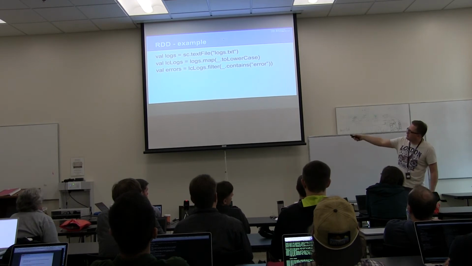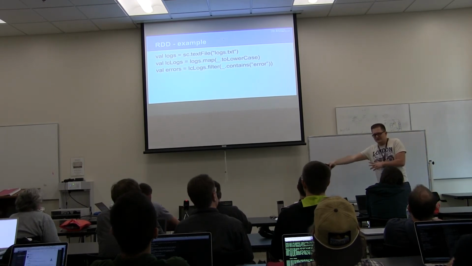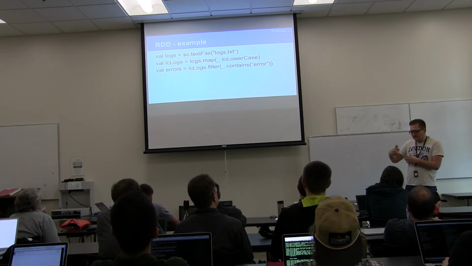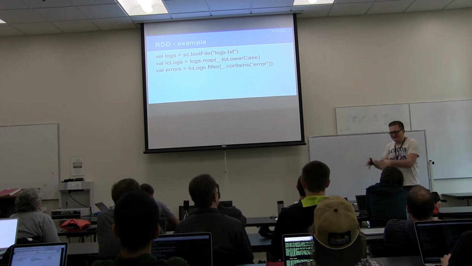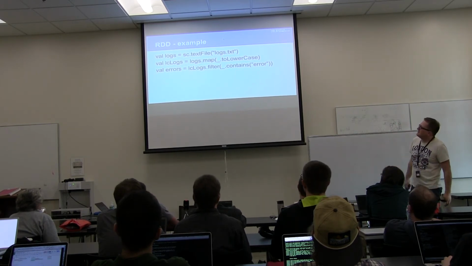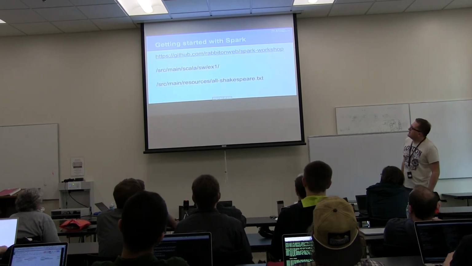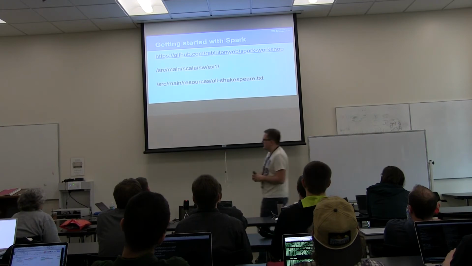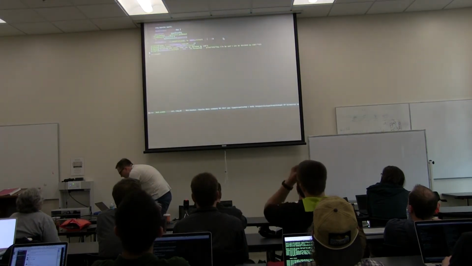We are writing that program, this is our driver program, but the data is represented somewhere else. But it gives you that notion that this is actually a collection, a data set, a resilient distributed data set. So we can use other methods like filter and stuff like that. And this creates yet another RDD on which we can work. So just to get you guys started, I have an example which I can show you.